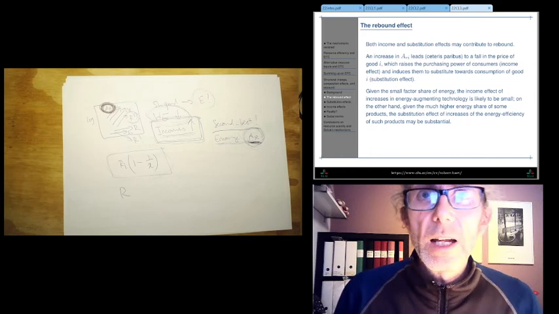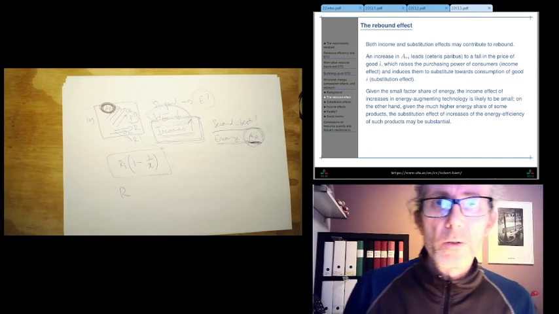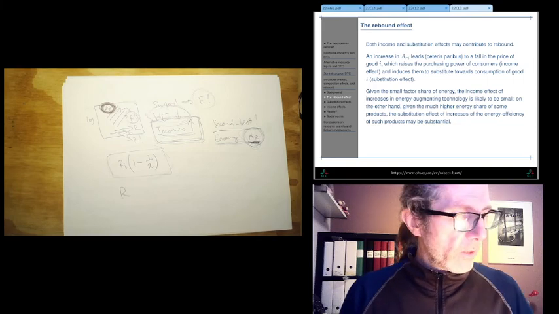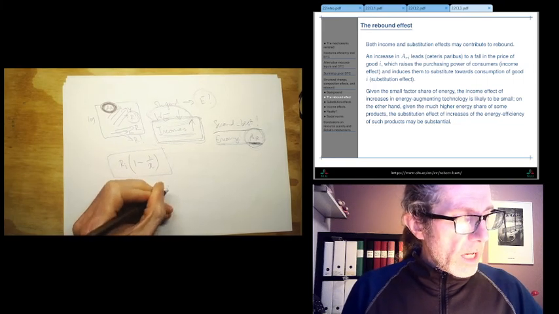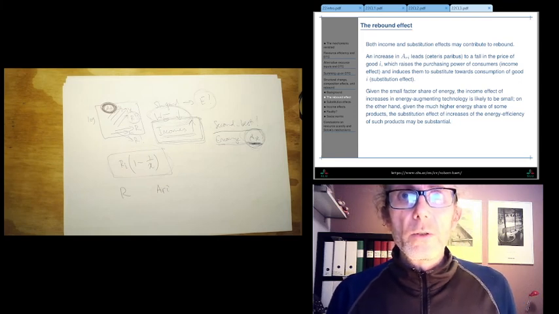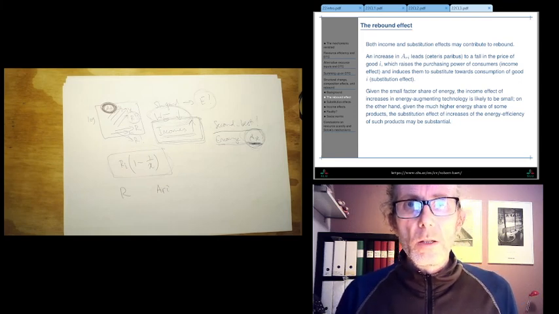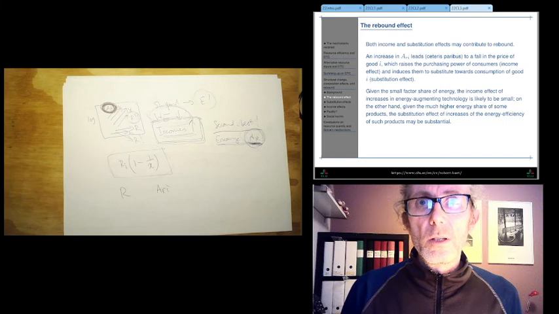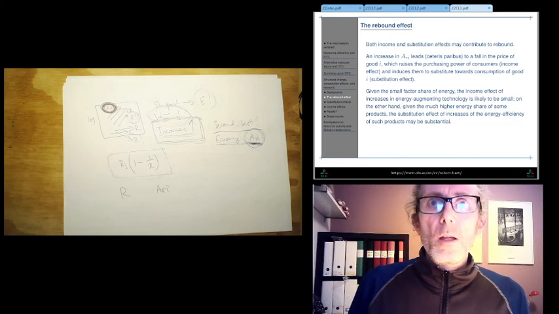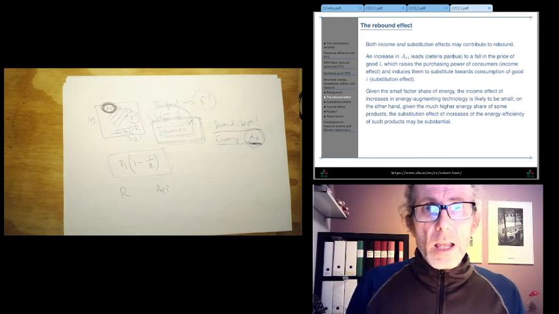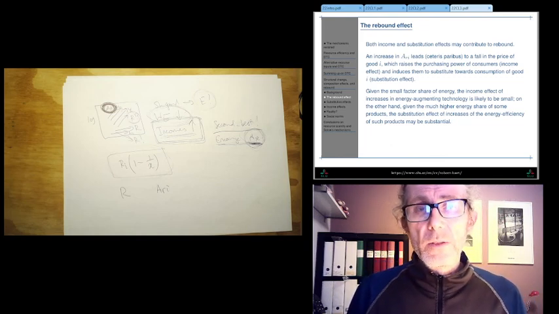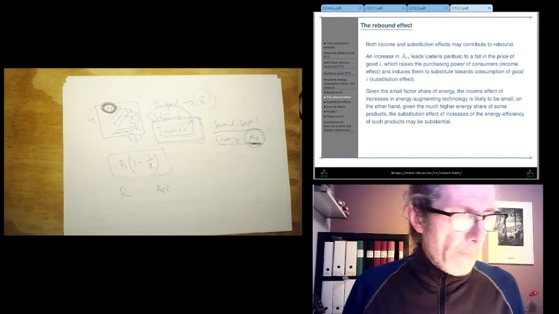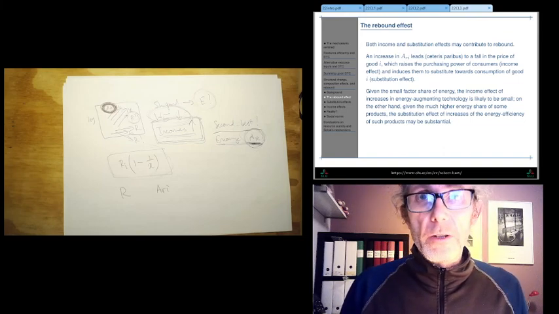Both income and substitution effects may contribute to rebound. An increase in the efficiency ARI leads to a fall in the price of good I, which raises the purchasing power of consumers, an income effect, and it induces them to substitute towards consumption of the good I, a substitution effect. But typically that income effect of energy efficiency is going to be very small, okay?